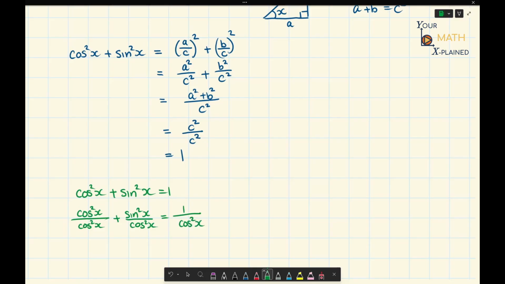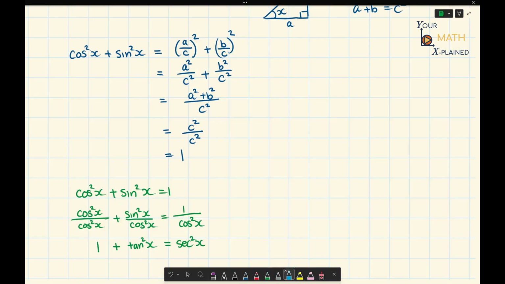Now if we simplify this, we get 1 plus, and sine squared x divided by cos squared x is just tan squared x. We went over that in our quotient identity. And then 1 over cos squared x is just secant squared x. And now we have proven our second identity.